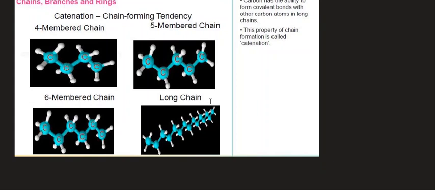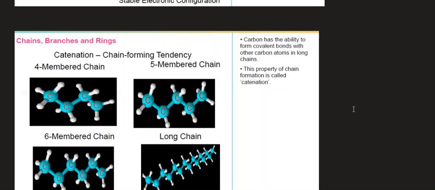Then there is a tendency of carbon, it is called catenation, the chain forming tendency. So the chain forming tendency of carbon is called catenation. It can form chains like this, long chain. This is a 4-membered chain. In the case of butane, CH3, CH2, CH2, CH3. Is it not?